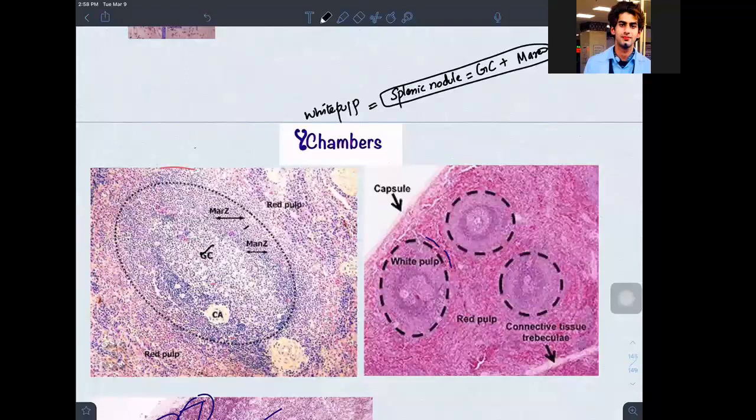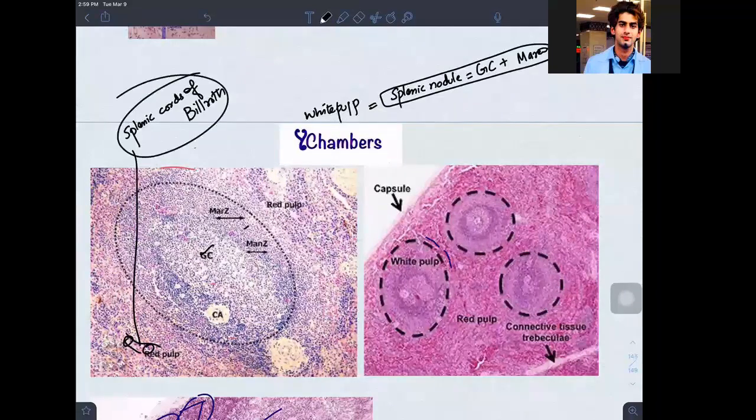And it should have some cords in the red pulp, isn't it? Those cords are known as splenic cords of Billroth. Sir, what are these cords of Billroth? They are very much important for your hemolysis. They are something like a trabecular meshwork, like a multiple hashtag, something like this. Sieve sort of a thing. They are mostly drum shaped like this.